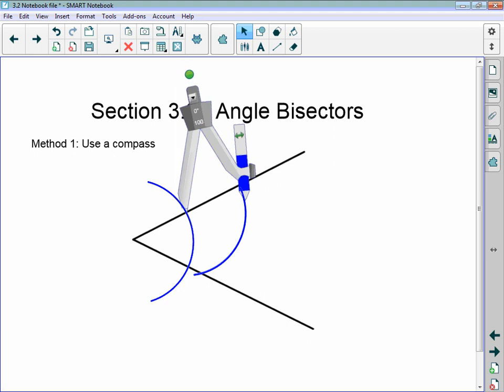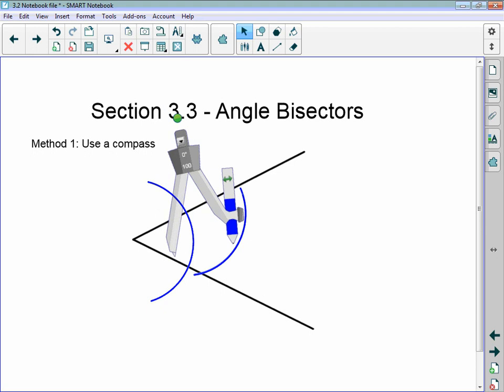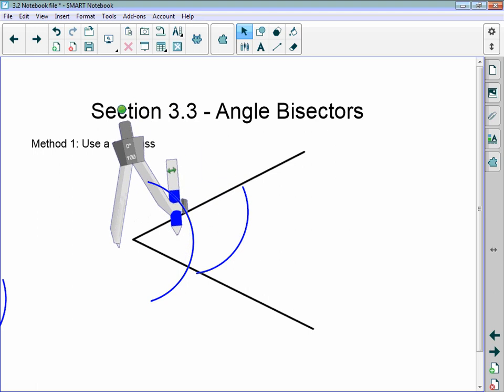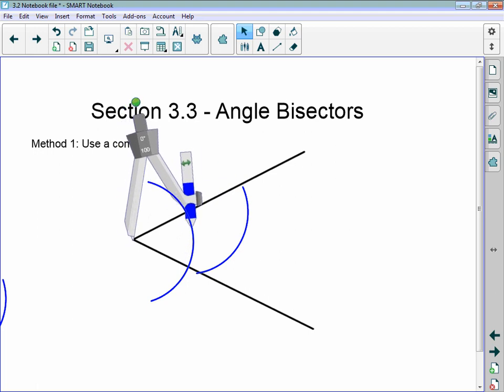Then I'm going to move the little pointy part back to the next point where my first arc intercepted the other line. Oh man. What is happening? Again. No! Okay. We're going to restart.